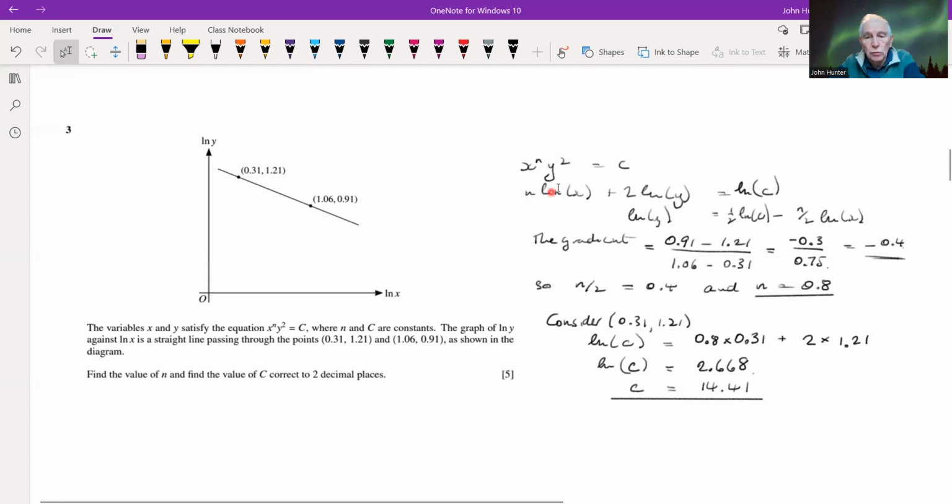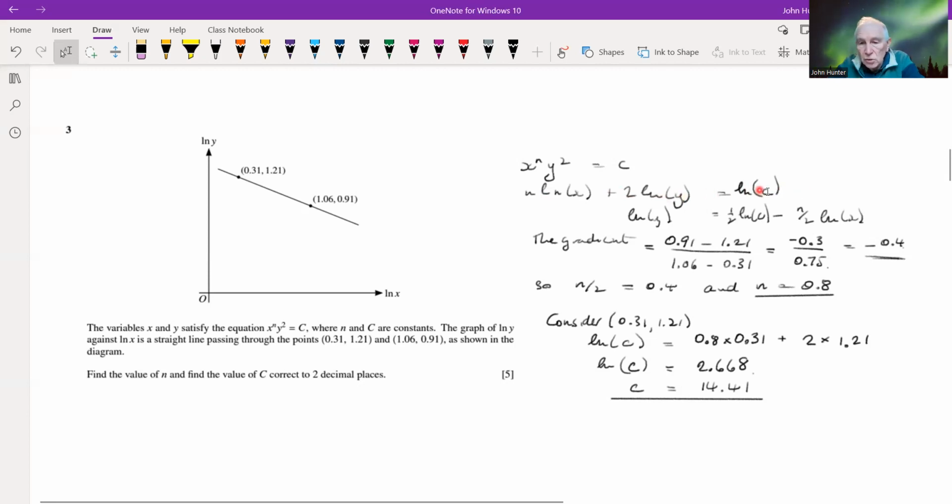Anyway, this is natural log. So what we've got is the natural log of x to the power of n, which is, of course, n natural log of x, log rules, plus natural log of y squared, which is 2 times the natural log of y, equals the natural log of c.